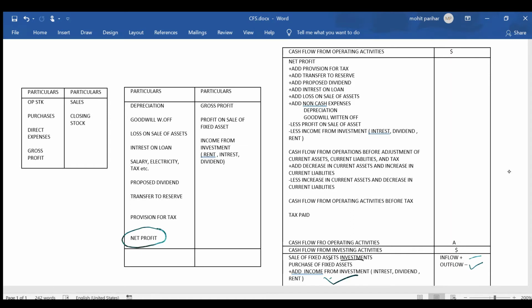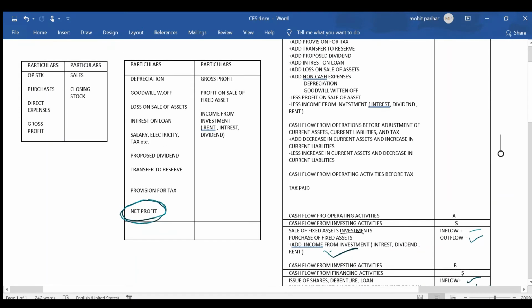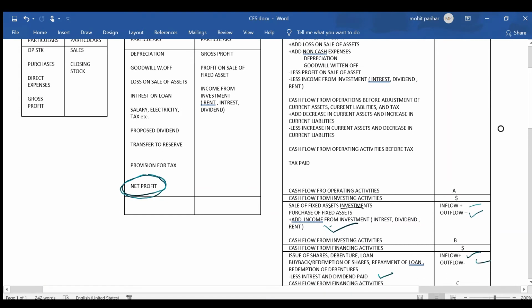Now, in cash flow from operating activities, we are only concerned about the cash inflow and outflow from operating activities, and we are not interested in the profit generated from operating activities. Now, this net profit given below does not represent the cash generated from operating activities. This net profit requires many adjustments to be made.